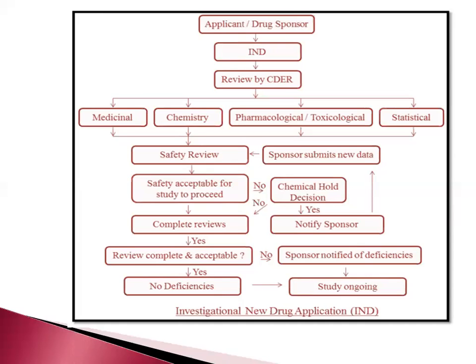Otherwise, if there is any deficiency, we convey that deficiency to the sponsor, and the sponsor will work on that. Again, they will submit documents to the IND team, and then they will continue the work. Once it is found that there is no deficiency, the regulatory agency will approve that IND application, and then we can start clinical studies. So this is the flow chart for the IND application.